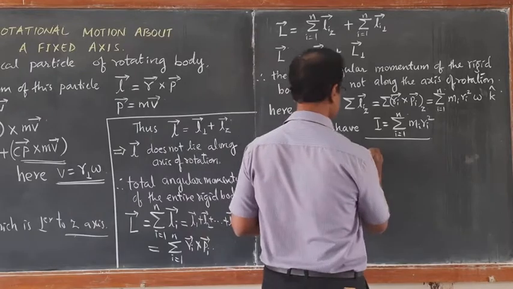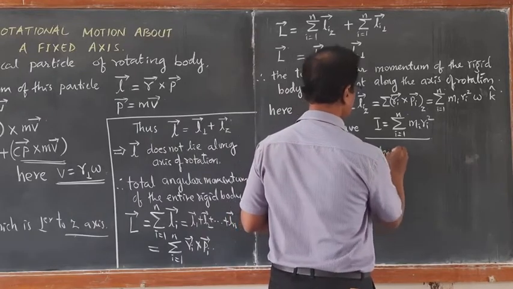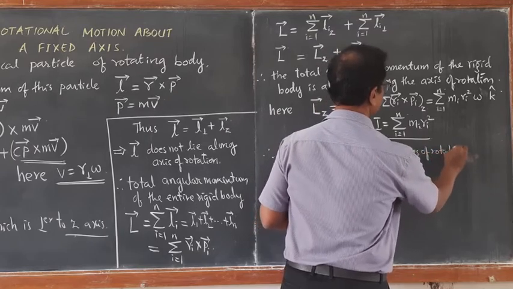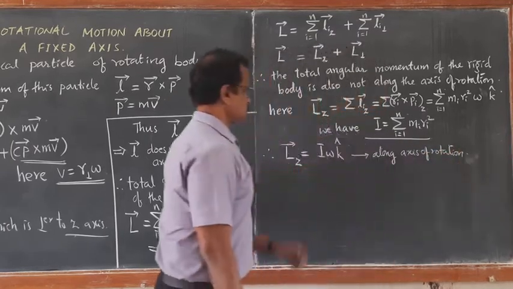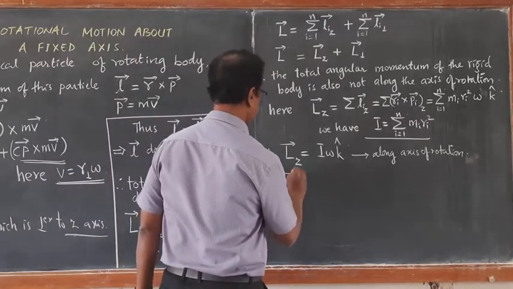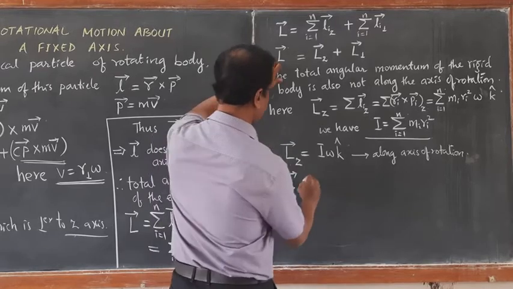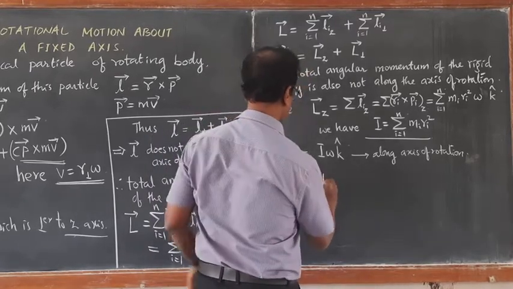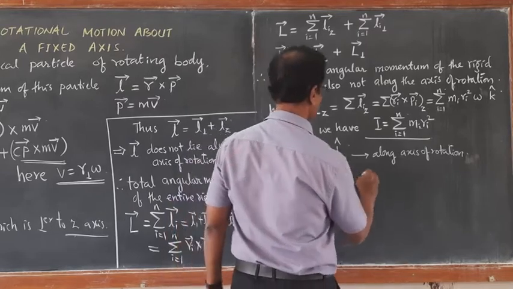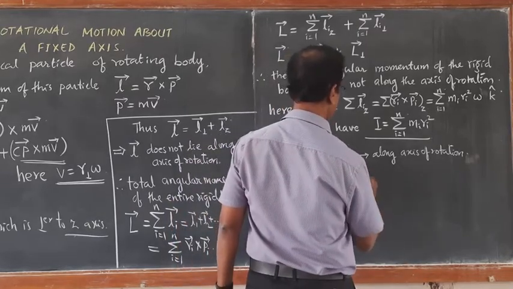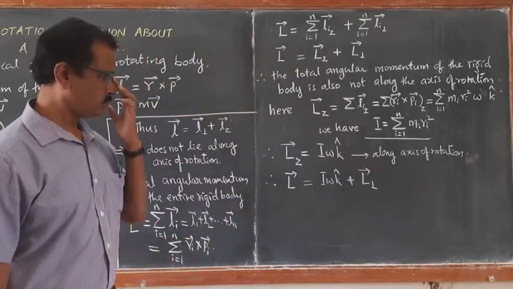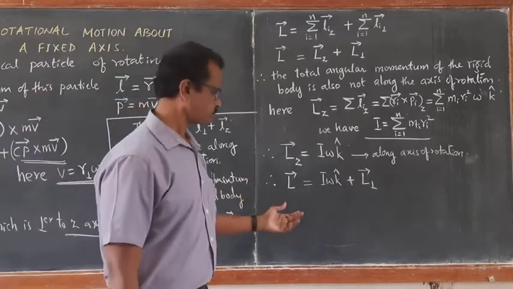Now, the total angular momentum L becomes equal to I omega k plus L perpendicular. This is how we get the total angular momentum.